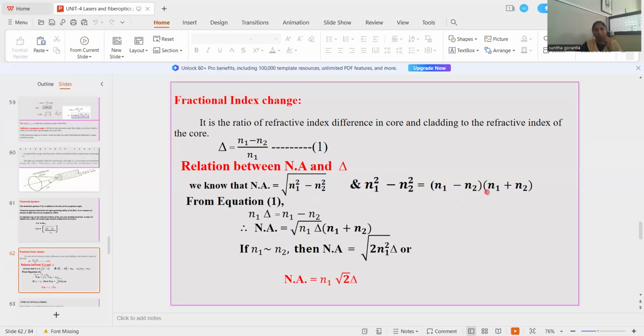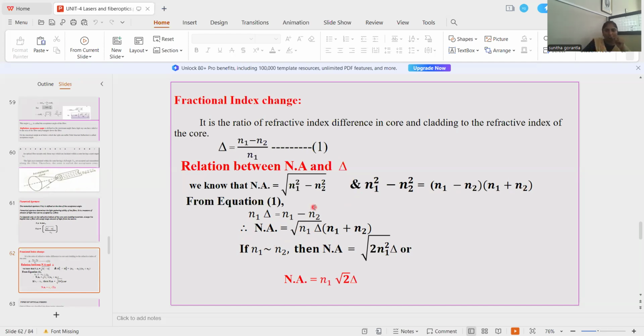Now substitute from equation 1: delta is equal to (n1 minus n2) by n1, so n1 minus n2 is equal to n1 delta.